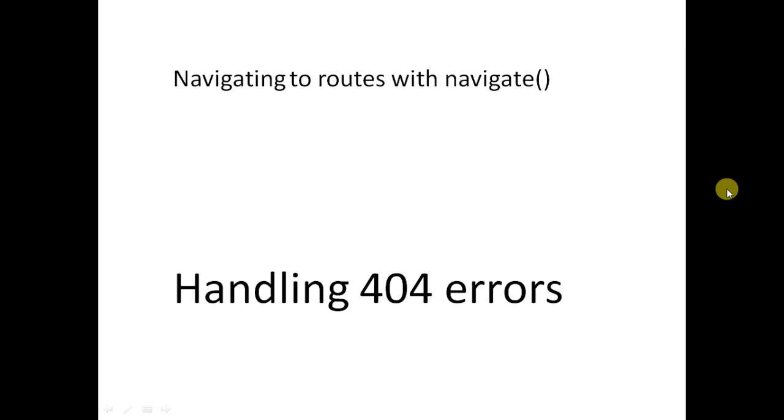But what if you need to arrange navigation programmatically without asking the user to click a link? Let's modify that code sample to navigate by using the navigate method. You will add a button that will also navigate to the product detail component. This time, no HTML anchor tags will be used.